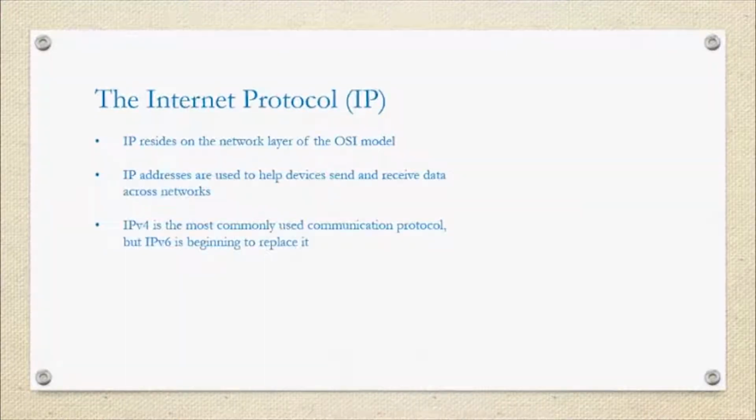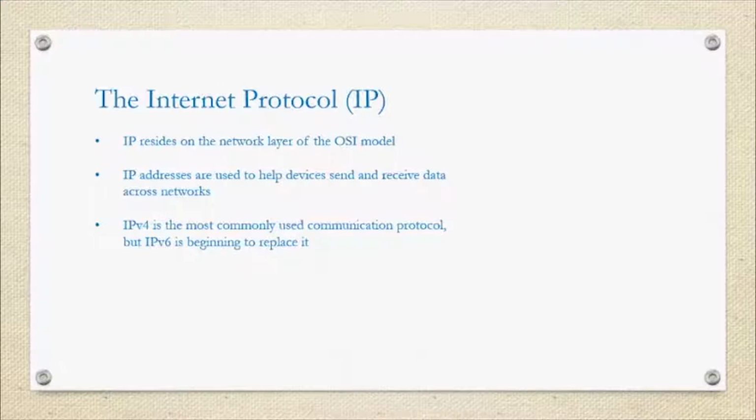The Internet Protocol resides on the network layer, as you can recall from our detailing of the OSI model. So IP addresses are used to help devices send and receive data across the network. Now, remember that they are very much like our mailing address. If you mail something to someone, like your family member or your friend, it's the same way computers communicate.